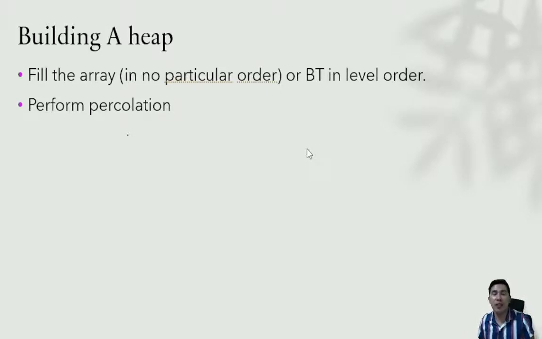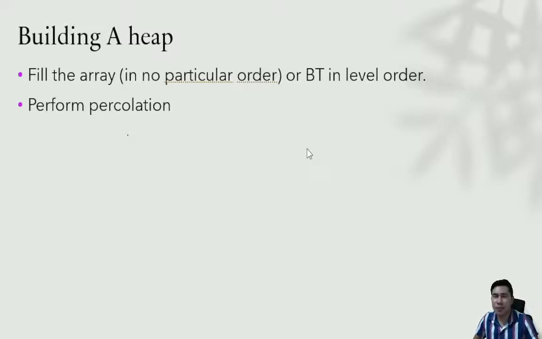In our previous discussion, we talked about the basic operations of binary heaps, which are insertion, deletion, and finding the parent, left child, and right child of a certain node. We implemented a max heap in that.